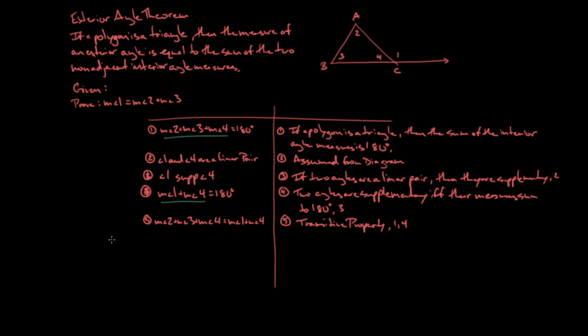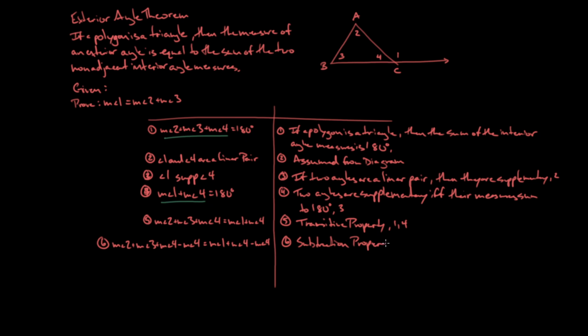And then this is going to be kind of a long statement here, so I'm going to make room for it. What I need to do is get rid of the measure of angle 4 on each side. So I'm going to subtract that out. The measure of angle 2 plus the measure of angle 3 plus the measure of angle 4 minus the measure of angle 4 is equal to the measure of angle 1 plus the measure of angle 4 minus the measure of angle 4. That is my subtraction property of equality.